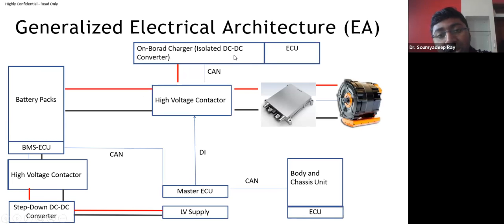Everything has its own ECU: the motor has its own ECU, the battery pack has its own ECU, and all of them communicate to the master ECU through a communication medium, which here is CAN.